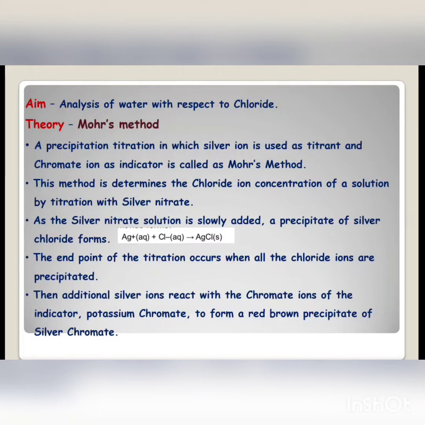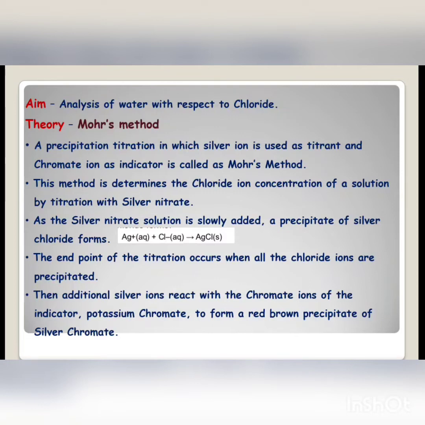Out of that, precipitation titration is one type of volumetric analysis, and in this experiment we are going to perform precipitation titration, in which the silver ion is used as a titrant and chromate ion as an indicator, and this method is called Mohr's method.